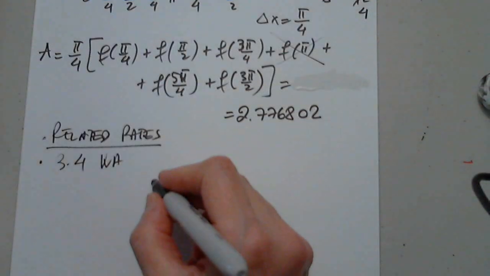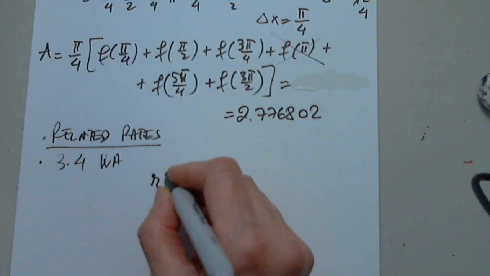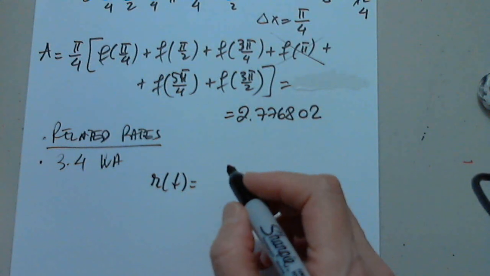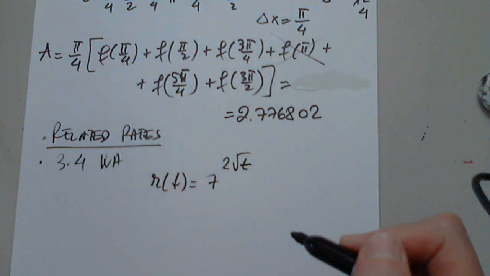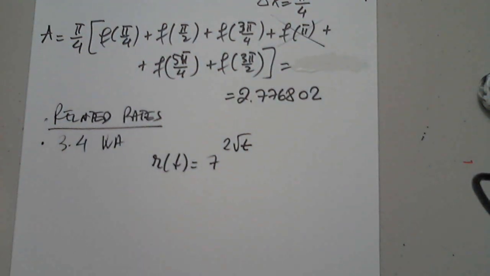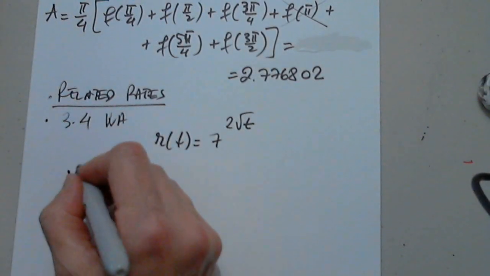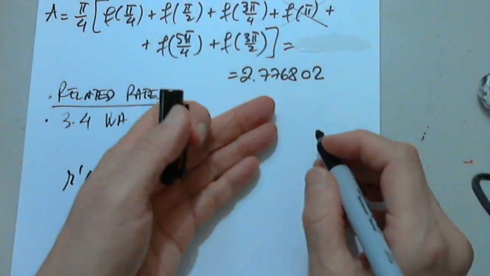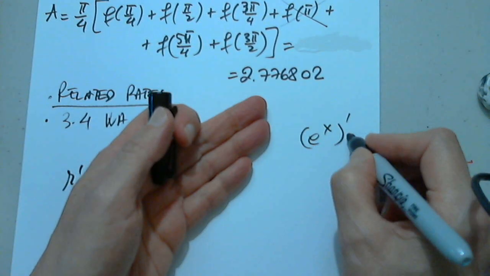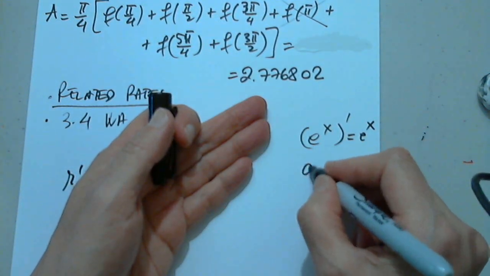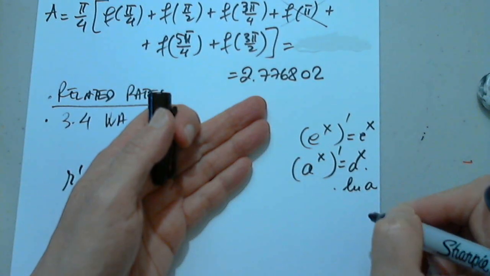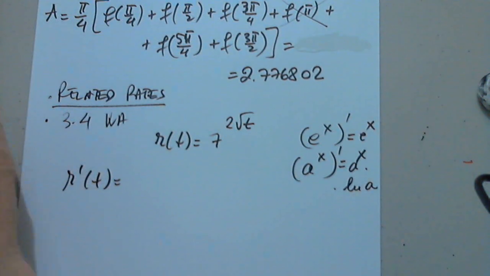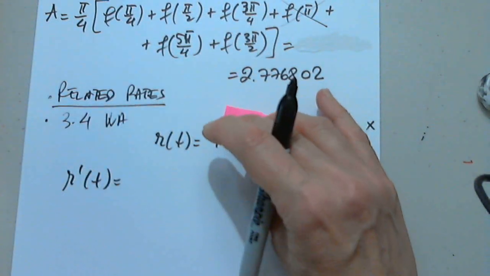So we have, is it R of t? And is it 7 raised to 2 times the square root of t? Yes, exactly. Okay, and what are we asked to do? Differentiate. Okay, perfect. So r prime of t. Remember when we have e to x prime, it's e to x. But if we have a to x prime, we have a to x times natural log a. So here's my first thing I need to do.